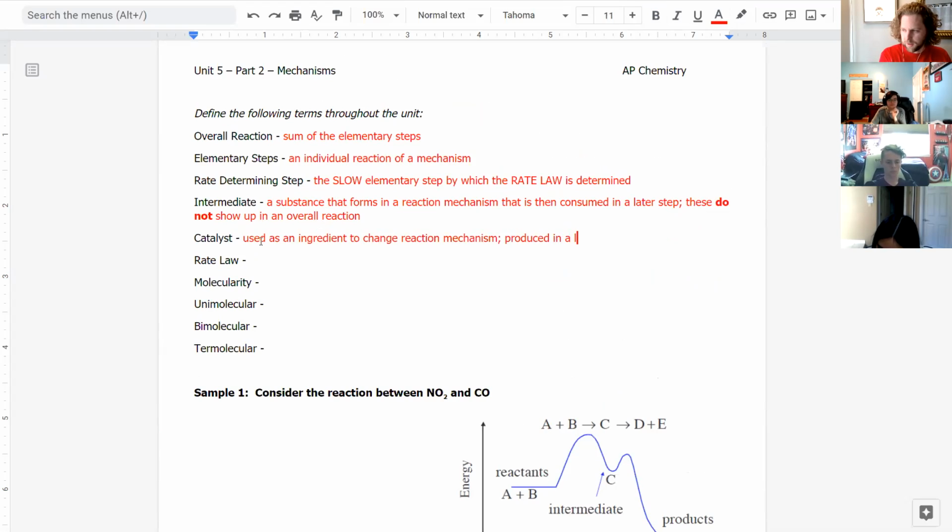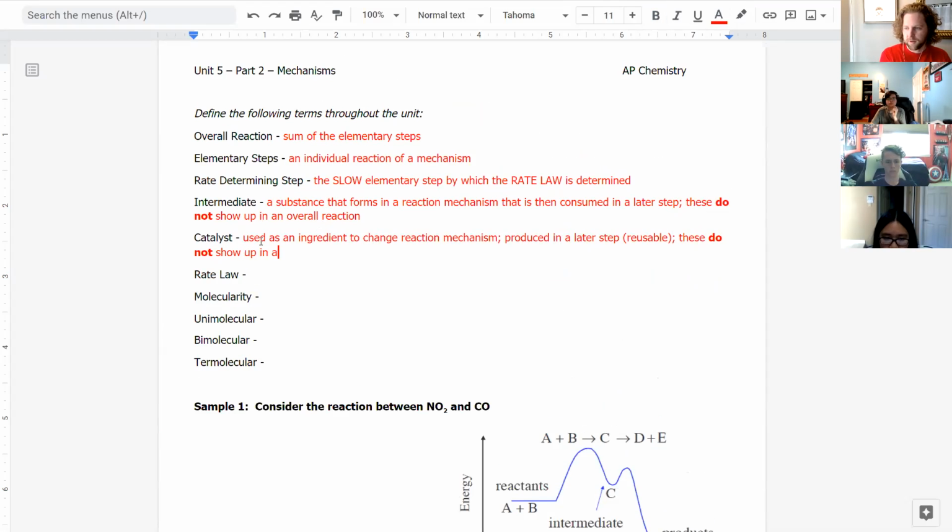Produced in a later step, which means they're reusable. Again, these do not show up in an overall reaction. So intermediates and catalysts, you're not going to see in an overall reaction, but they're there. They're doing work. They cancel, essentially. When you're finding an overall reaction, intermediates and catalysts will cancel out.